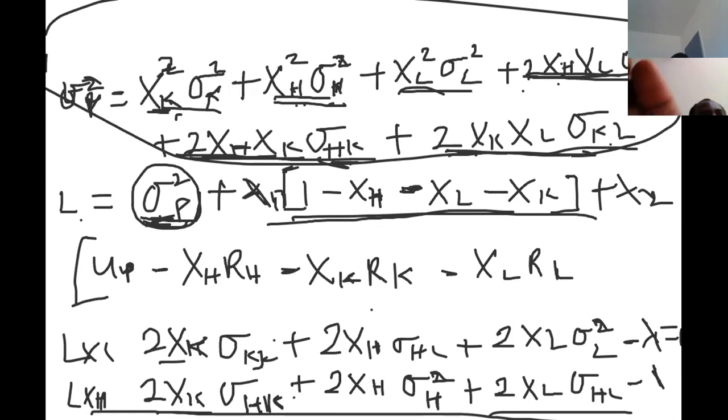I would have gone further and differentiated this one with respect to xh again, that would have given me minus rh lambda 2. Is it okay? The explanation is okay, right?